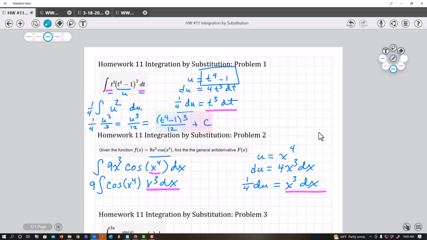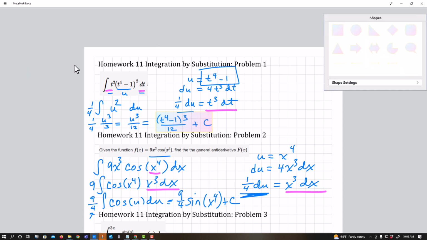And I can put the 1/4 out front, right? 1/4 times 9. And now I have cosine u du. Convince yourself, there's the 1/4 piece right there. There's the du. And now when I take the antiderivative, I get 9/4 sine u, and then finally I plug back in my u to get my final answer.